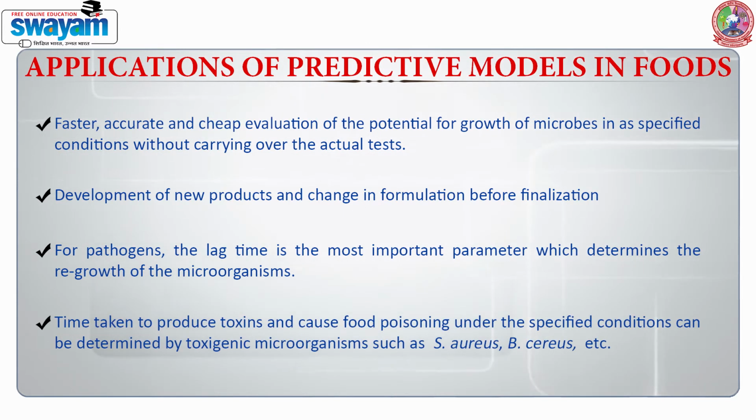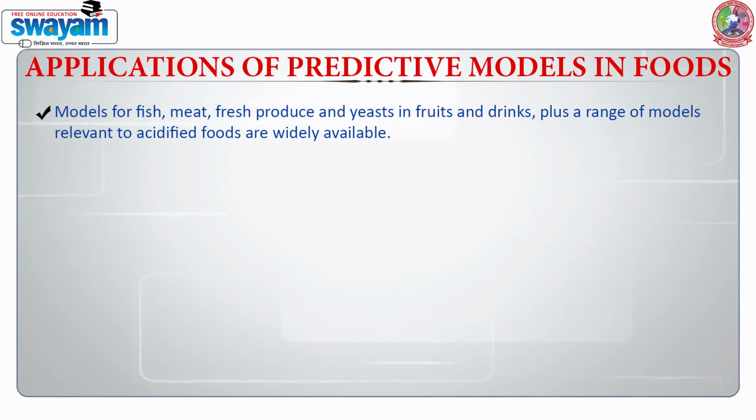The time taken to produce toxins and cause food poisoning outbreaks also can be taken care of under specified conditions, and these specified conditions can be determined for toxigenic microorganisms such as Staphylococcus aureus, B. cereus. We can also have specific models for fish, meat, fresh produce and yeast in fruits and drinks.